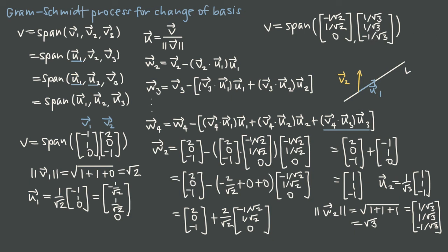The reason that we can do it is because if we think about the projection of v2 onto L, let's say that that projection looks something like this. Maybe it just goes to here. Okay, so this is the projection of v2 onto the line L. So we have the subspace L defined by the vector u1.